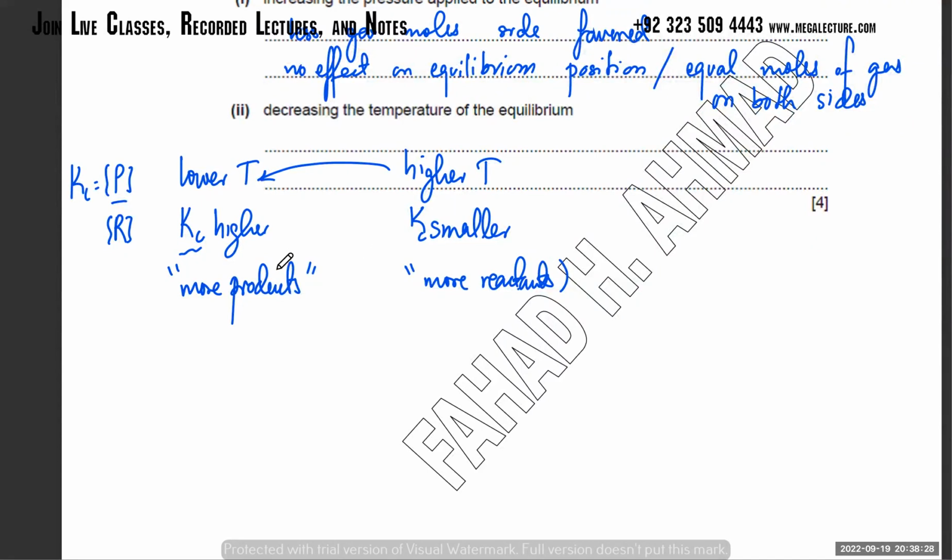Is that clear? So that means equilibrium will shift to the right side. It will favor the products, and you'll have more products at equilibrium.